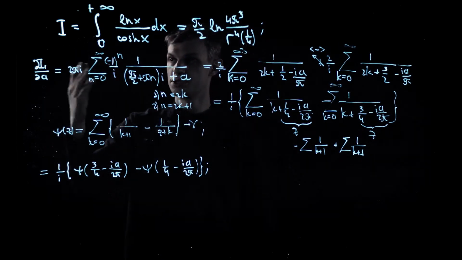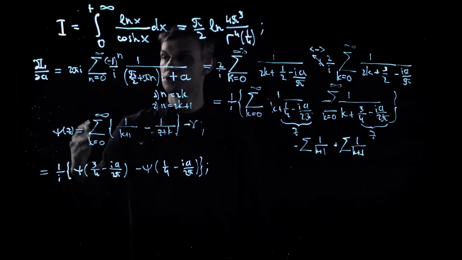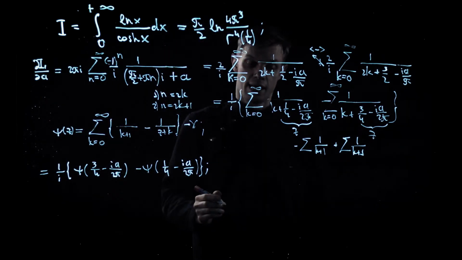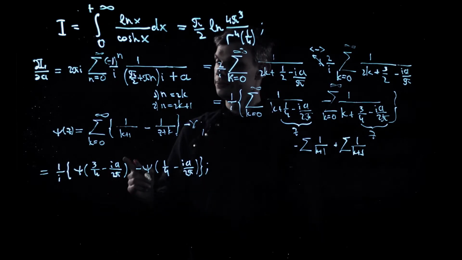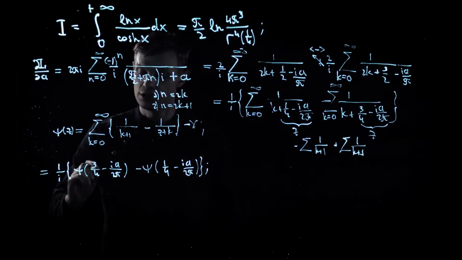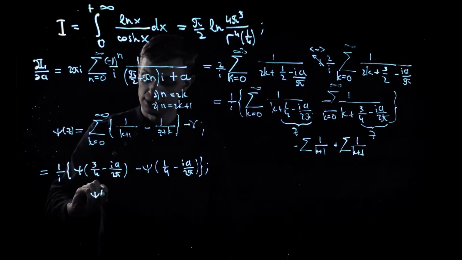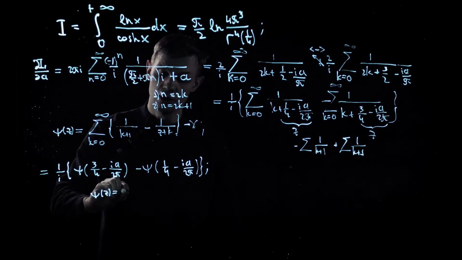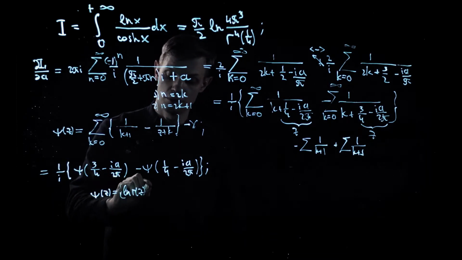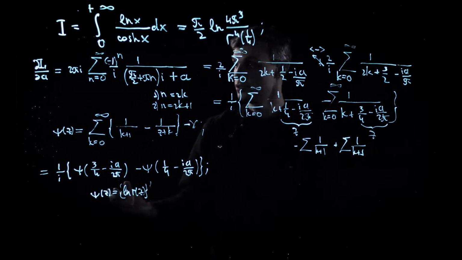So in order to restore the original integral, we need to integrate the left-hand side and the right-hand side of our equation. When doing so, the key point is to recall the definition of the digamma function. The digamma function is a log derivative of the Euler gamma function, so it's very easy to integrate.